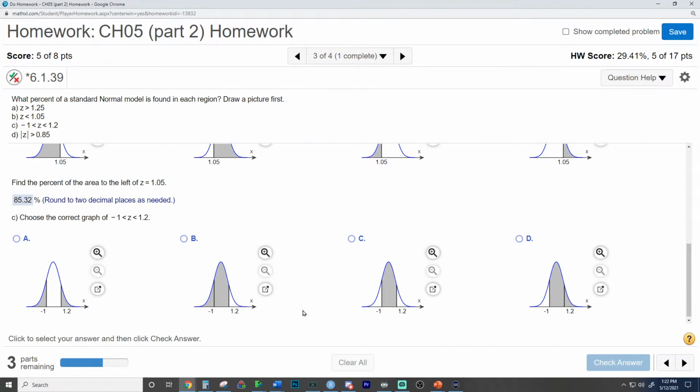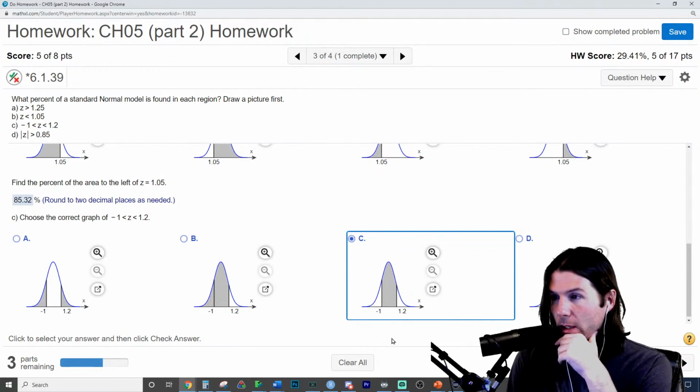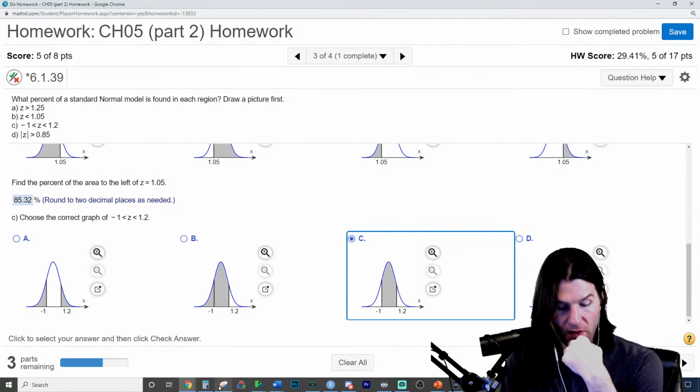Between -1 and 1.2. Okay, so between -1 and 1 is 68%. This is a little more than 68. That's an additional... This is going to be hard to figure out for a second right here. It's my last version of this. Okay, so 68.